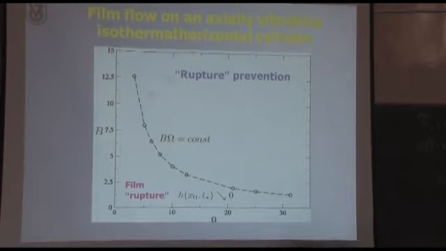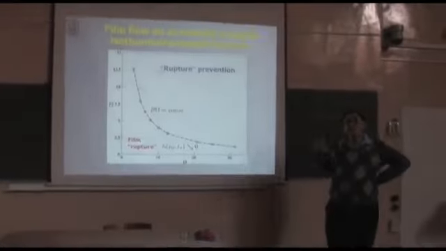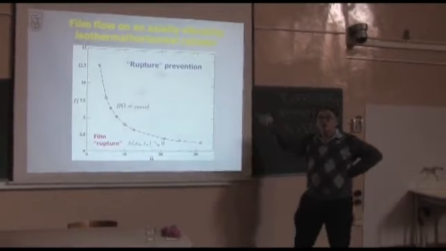You will see next. But it goes over there. On the other side of this curve, there is no rupture. So you sustain the continuity of the film forever, or at least as long as your computer is alive, because once you don't pay your electricity bill, you don't know what happens next.